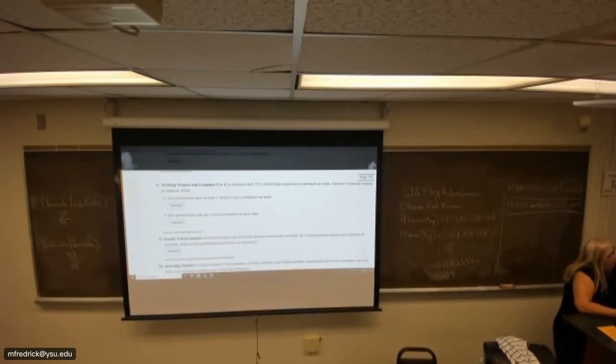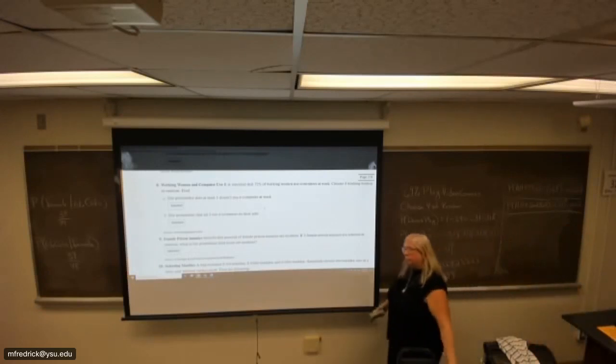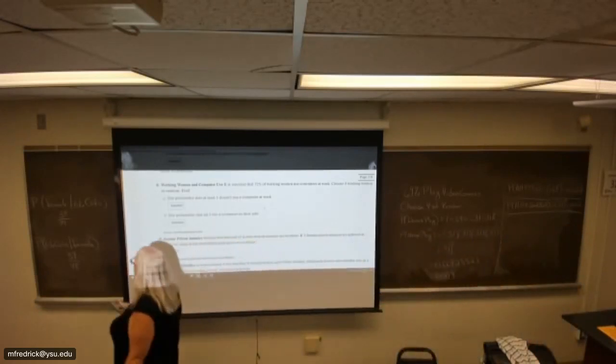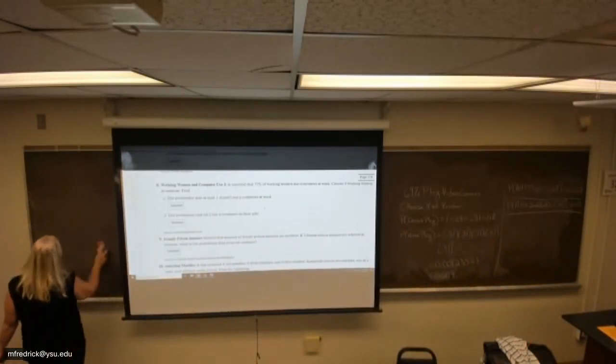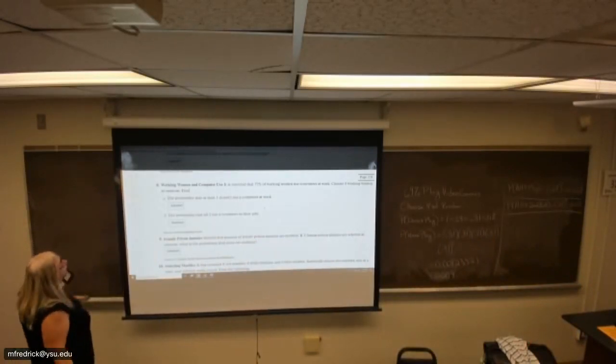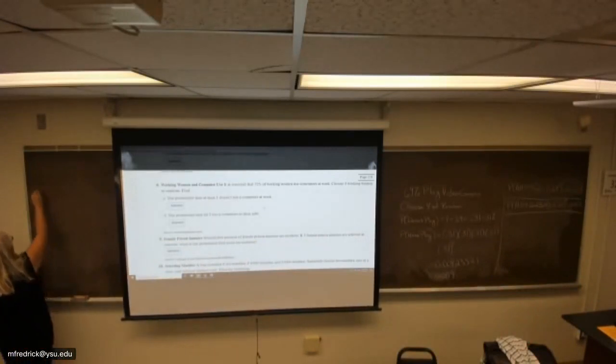It is reported that 72% of working women use computers. Choose 5 women at random. Find the probability that at least one does not use a computer. 72% use computers.